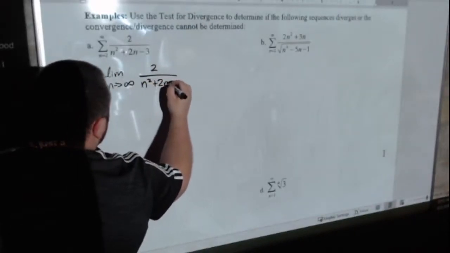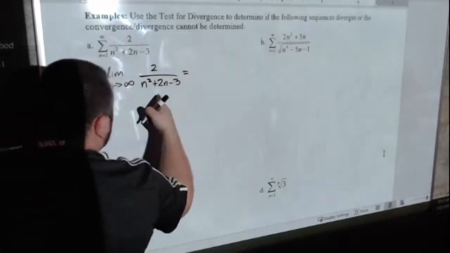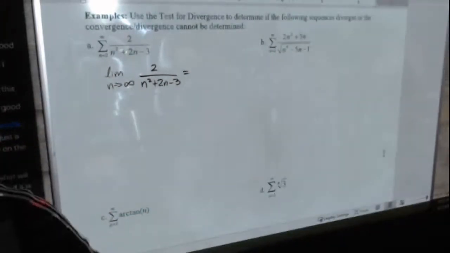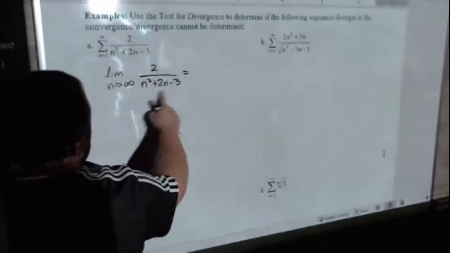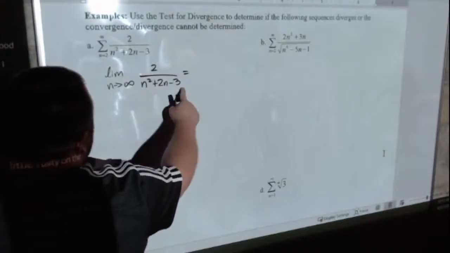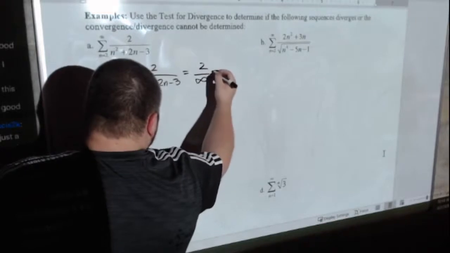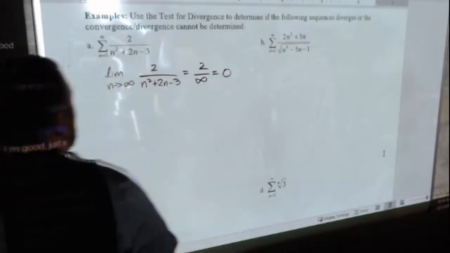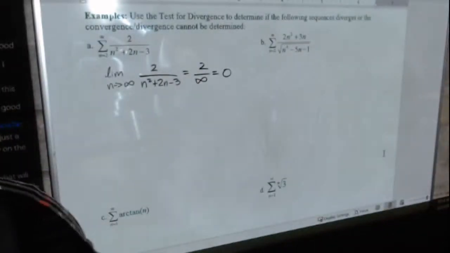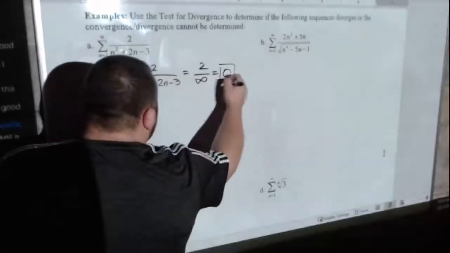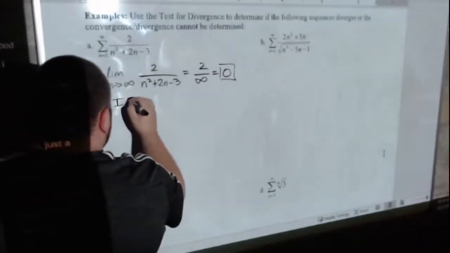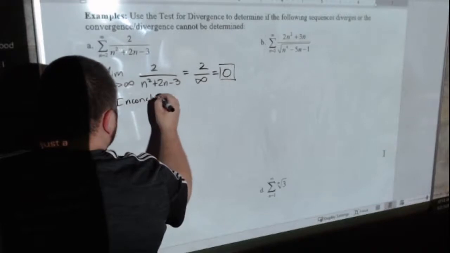And this one should be pretty straightforward to you. If I plug infinity in down here, all those things are going to be getting really big or infinite. And so this limit gets me 0. So right off the bat, I found one that's inconclusive.